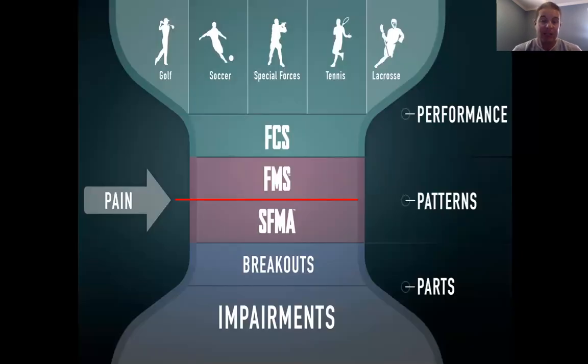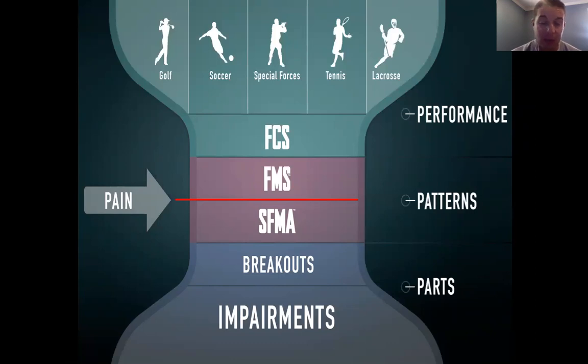So the hourglass looks like this. FMS is the entry point. If we should find pain on the FMS, you immediately go down to the SFMA and start to break out what is the driver of this pain, and is it a movement impairment that we can address through either soft tissue work, joint mobilization, or motor control training, or do we need to go into a deeper medical treatment?